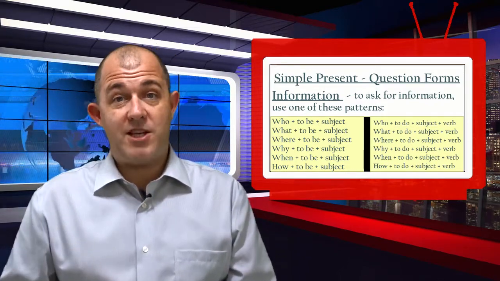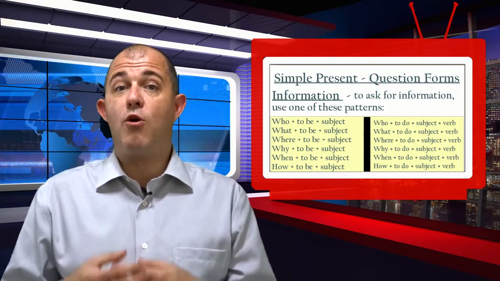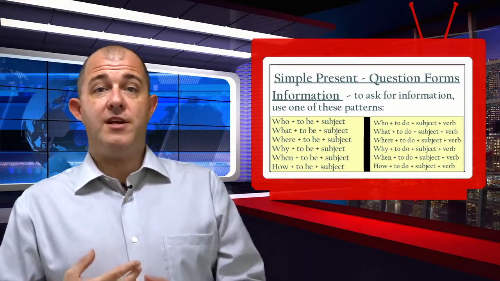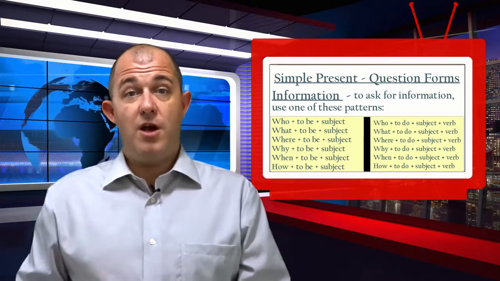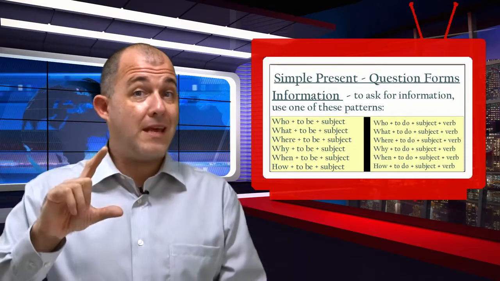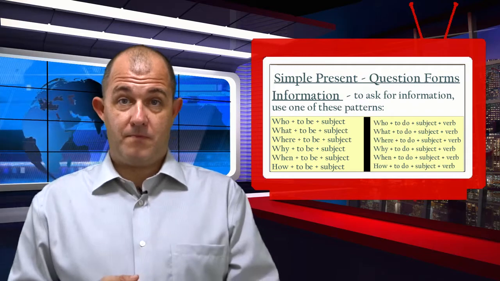To ask information questions in simple present, in order to learn more about qualities or states of being of things, you're going to use the structures on the left side of the screen. So you will have a WH word, plus the correct form of to be, plus the subject that you are asking about.